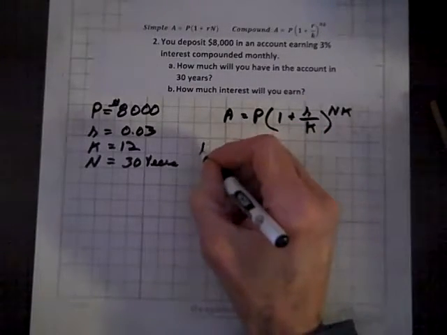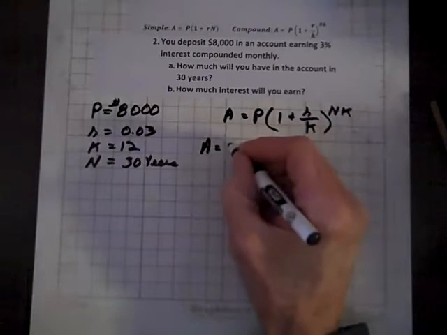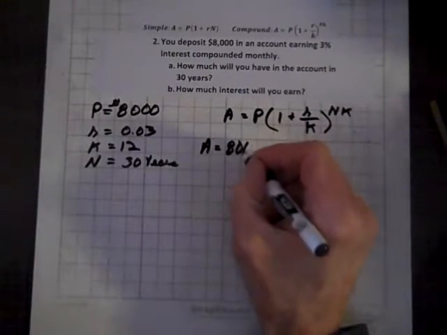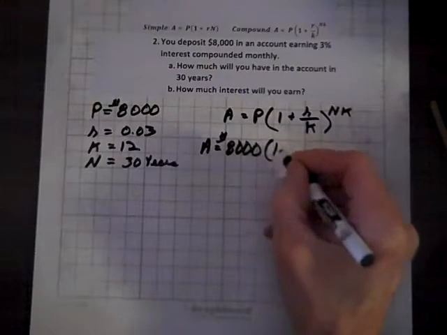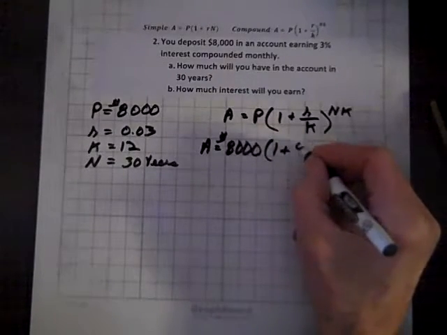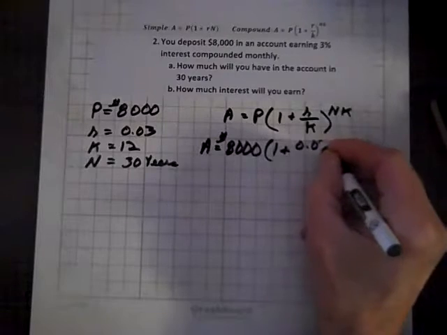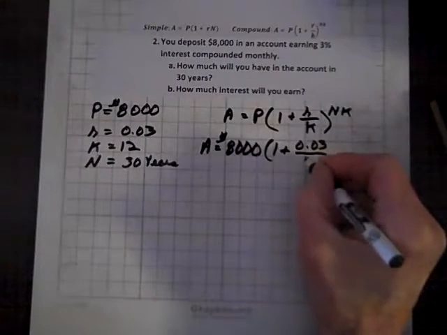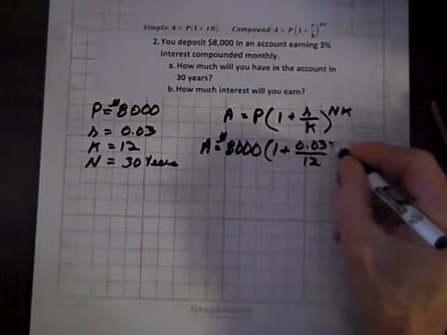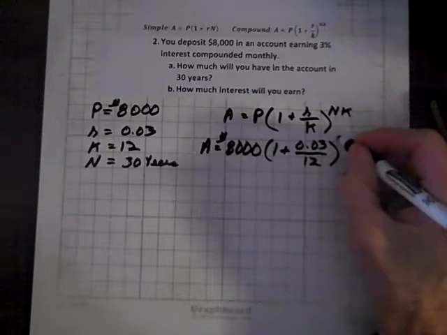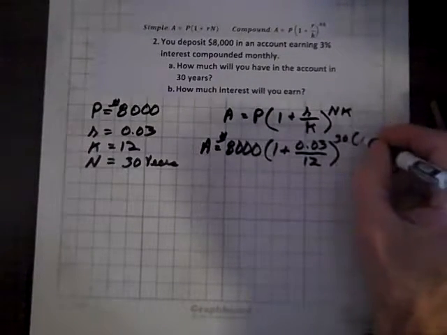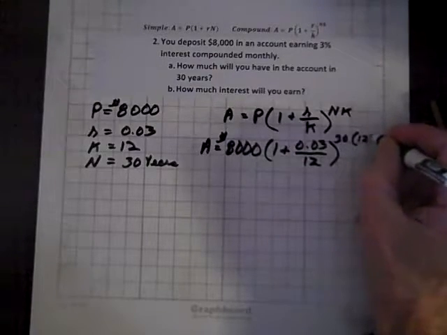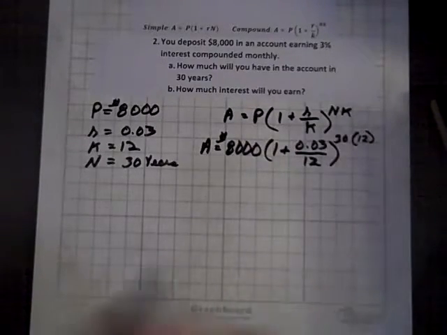So amount equals $8,000 times 1 plus 0.03 divided by 12 compoundings per year, raised to the 30 years times 12 compoundings per year.